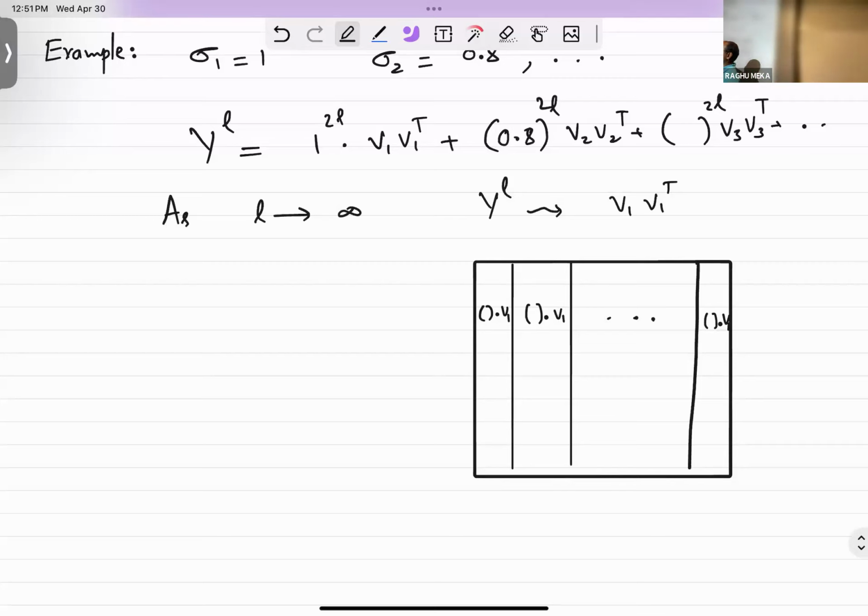We only have access to Y. We raise it to a high power and get something approximately rank 1. But how do I pick out V1, which has to be unit norm? Any guesses, suggestions? There are many different ways, so just tell me one.